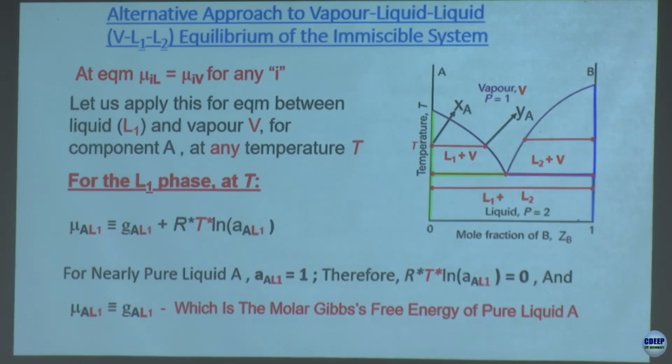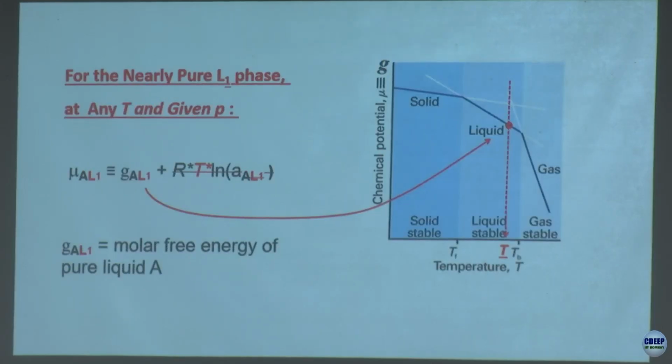This is not an equation. Now, for any nearly pure liquid phase at any temperature and given P, this we have already said is equal to 0. So what we said in the previous slide is diagrammatically represented here.